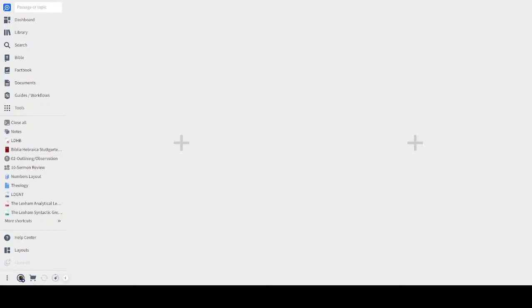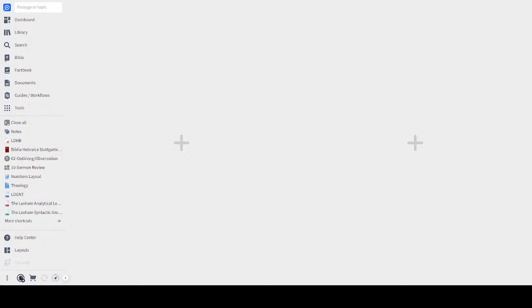Verbs are probably the most important thing when it comes to exegesis, by far. Your verbs are your most important. So understanding how they function and how they work is going to be very important in doing your exegesis.